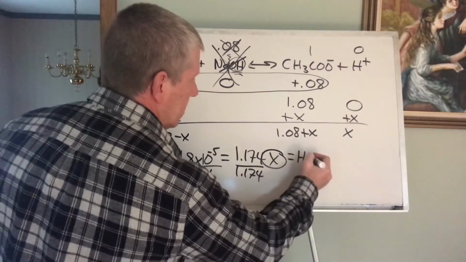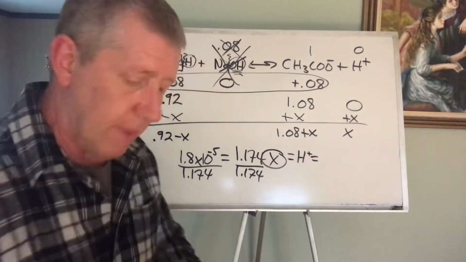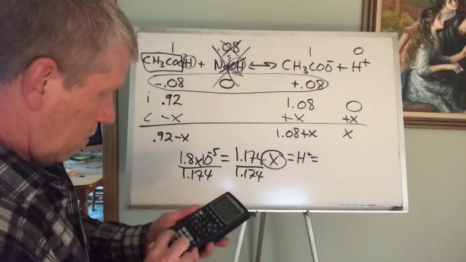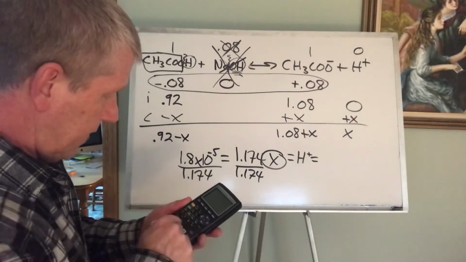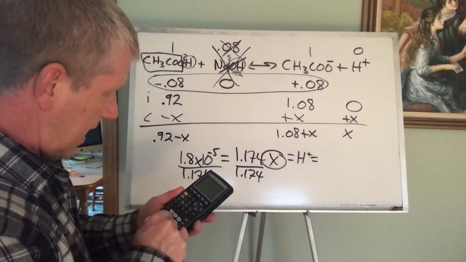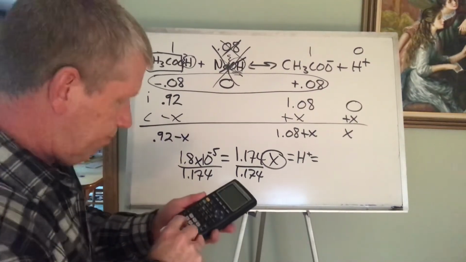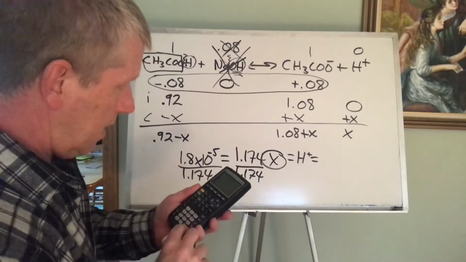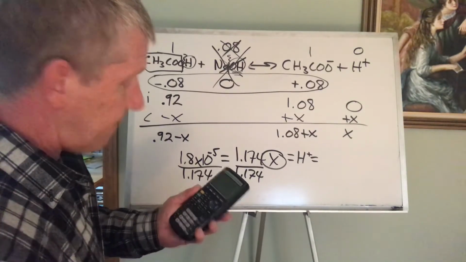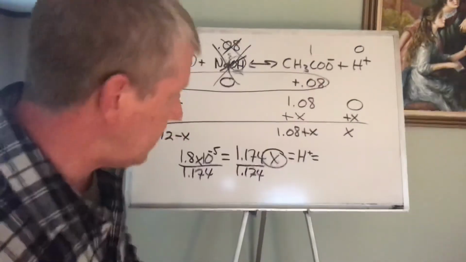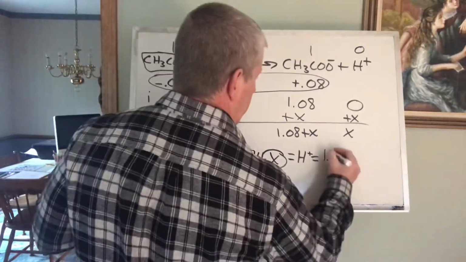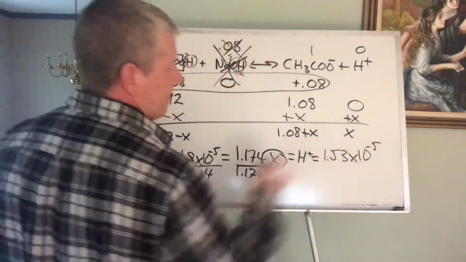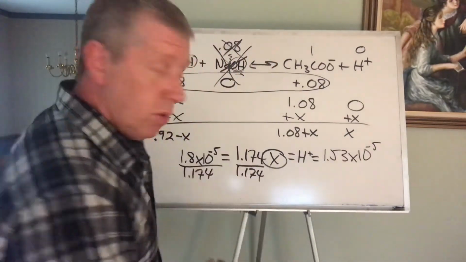That'll give me my hydrogen, and I'll put that into my pH equation, but let's get a number for that. So 1.8 times 10 to the negative 5 divided by 1.174, and we come out with 1.53 times 10 to the negative 5. That's my hydrogen. Put that in your pH equation.